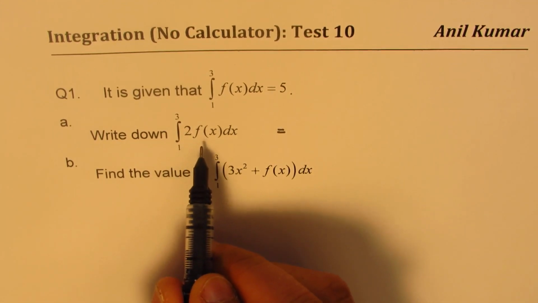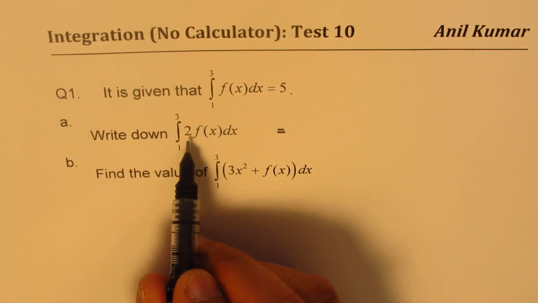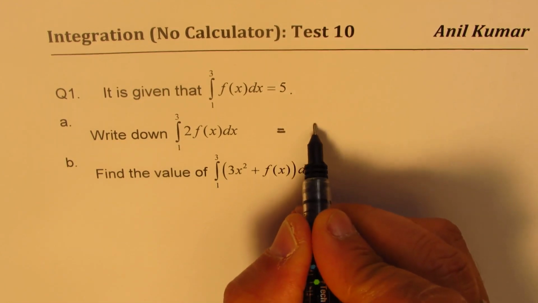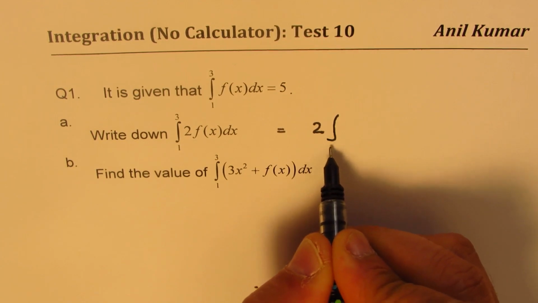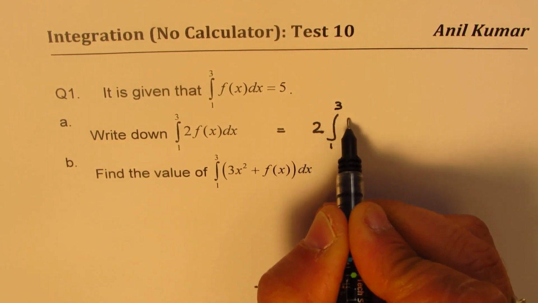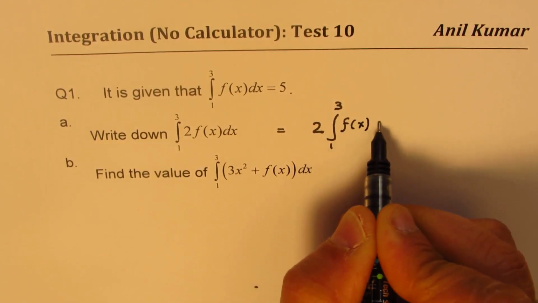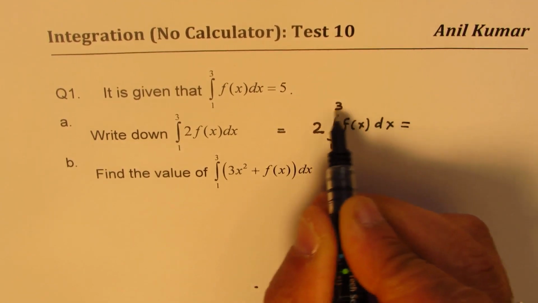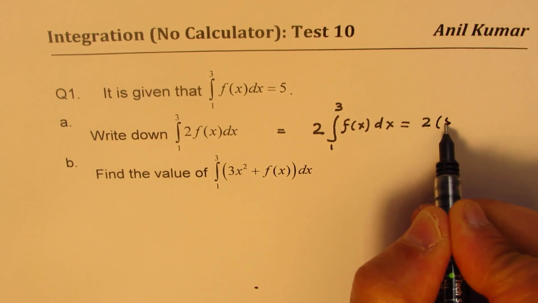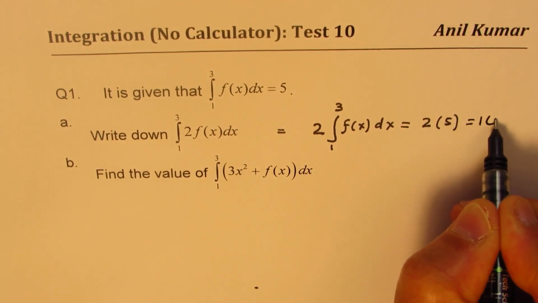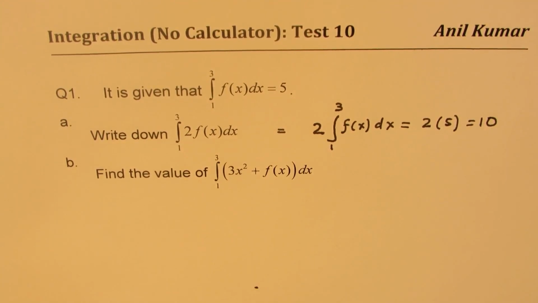Applying the normal rules for definite integrals, 2 is a constant, so everything gets multiplied by 2. So this is equal to 2 times the definite integral from 1 to 3 of f of x dx. Now this integral is given to us as 5, so it results in 2 times 5, which is 10, our answer. Perfect. That is how you're going to solve part A.